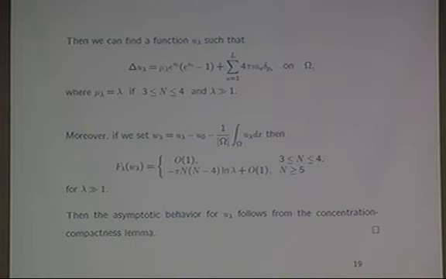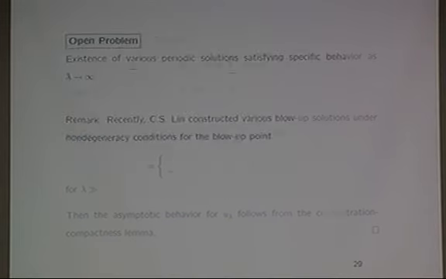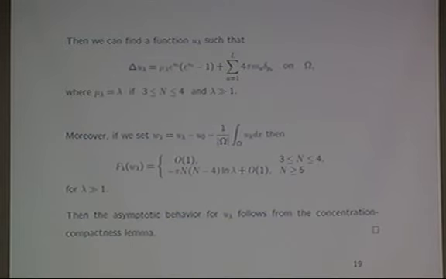So we have the third solution, and the asymptotic behavior for u lambda follows from the concentration compactness lemma proved by myself and Nam Kim.